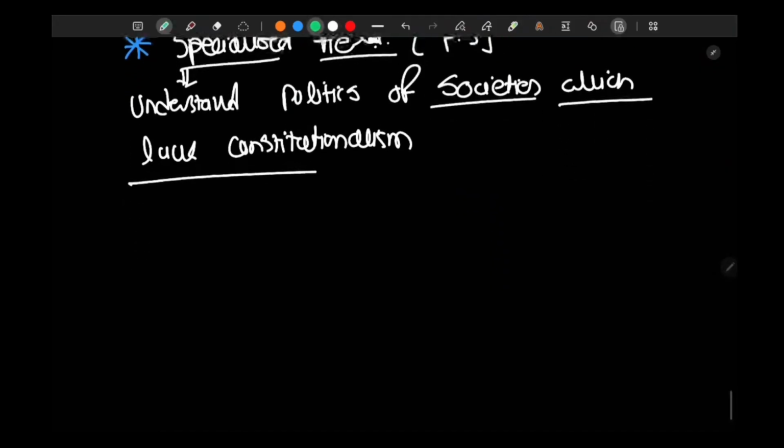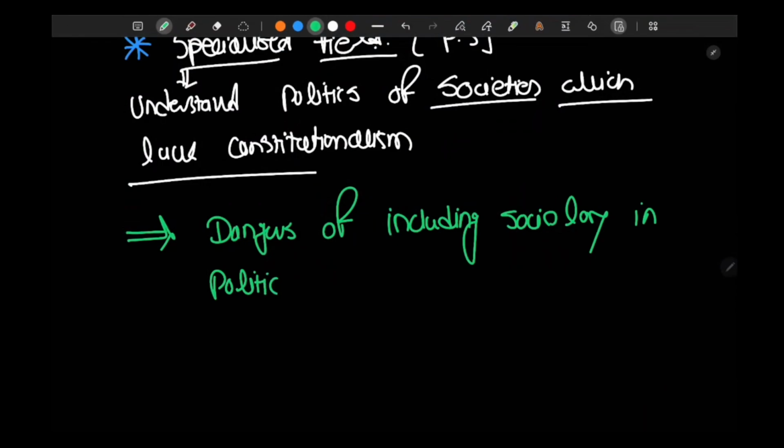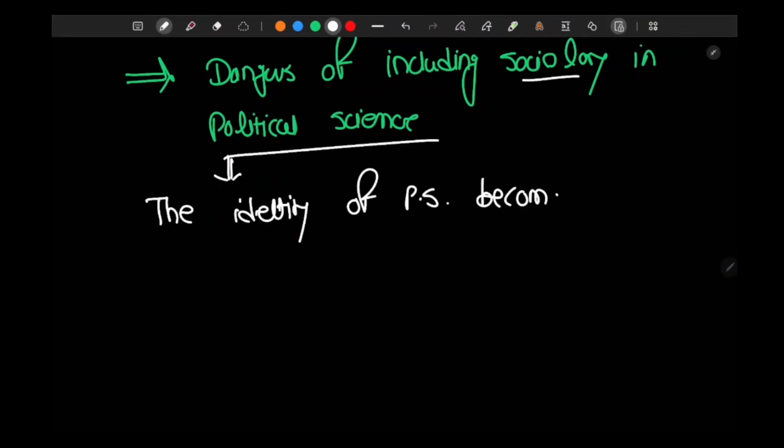Then we have to understand the dangers of including sociology in political science. If you include sociology in political science, the identity of political science becomes unclear.